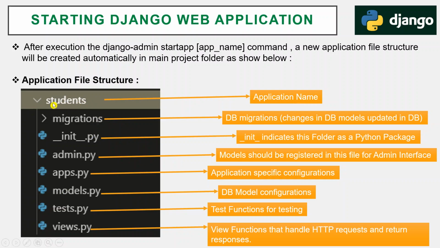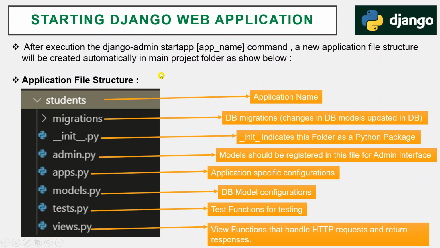So what it represents, we will study one by one, friends. Students, this is the application name. In this place you can put registration or products or services, any name you want. And these 1 2 3 4 5 6 7, these 7 items will be created under the application.